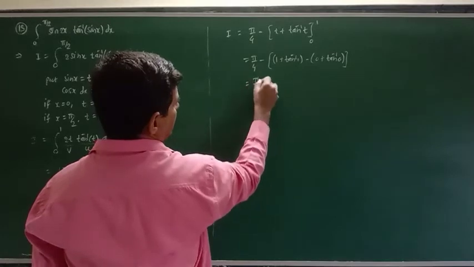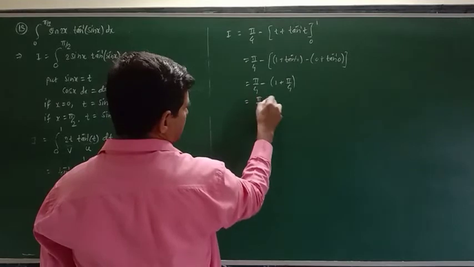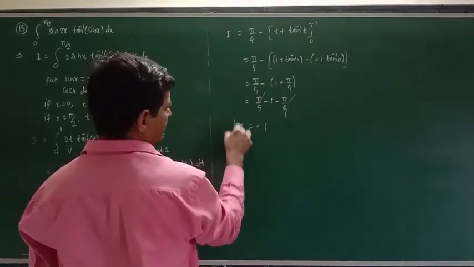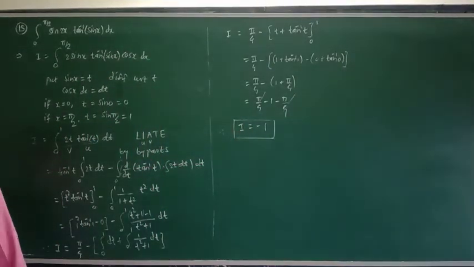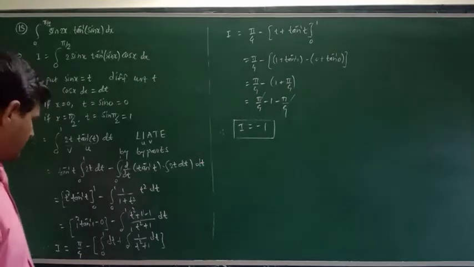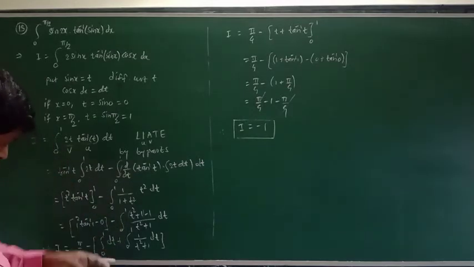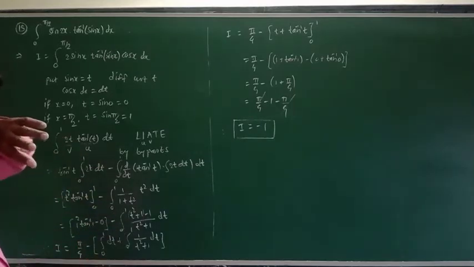So the value is pi by 4 minus 1 plus pi by 4. So it is pi by 4 minus 1 minus pi by 4. Pi by 4 minus pi by 4 get cancelled and the final value is I is equal to minus 1. Here I get the negative sign here.